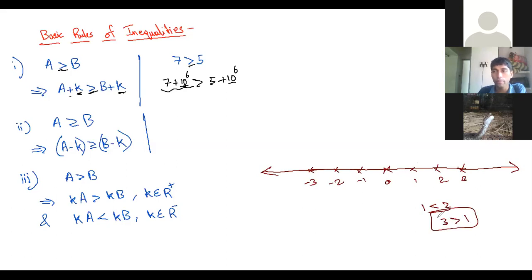But let us say you are multiplying -1 on both sides. If you multiply -1 on both sides, what is happening? 3 into -1 is equal to -3. And 1 into -1 is -1. Who is greater? Sir, -1.